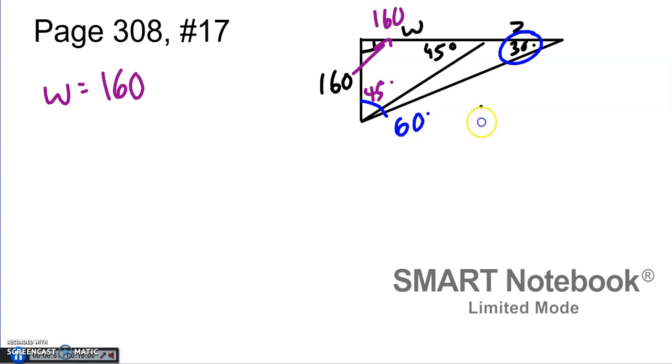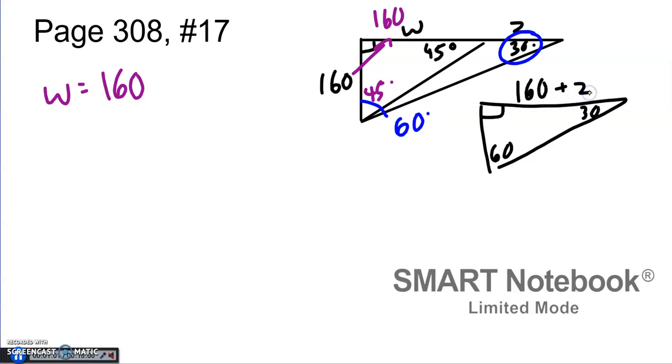So I'm just going to redraw it for us. So we have a 60 by 30, and now this is 160 plus Z by 160. Remember, when we have a 30 by 60 by 90, the shorter side, we can say, is just going to be X. And we know that the hypotenuse is twice the shortest leg, and the longer leg is going to be X root 3, right?